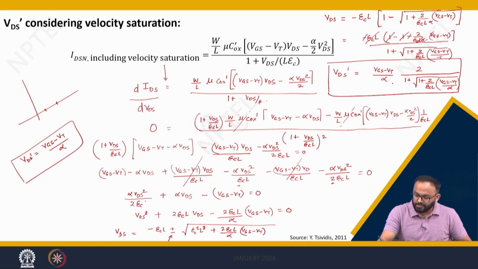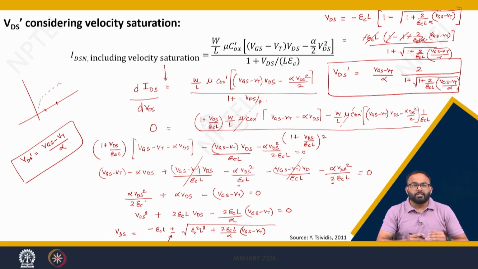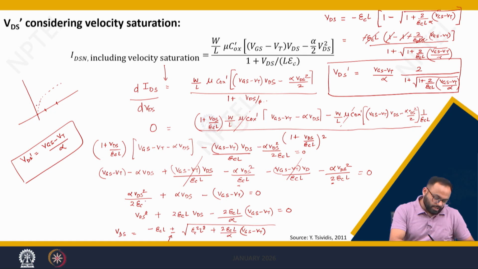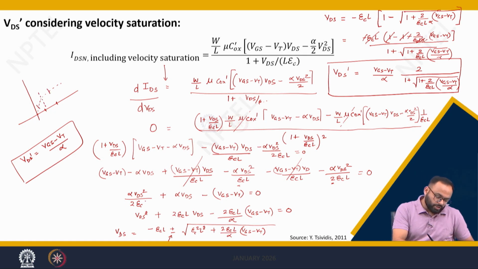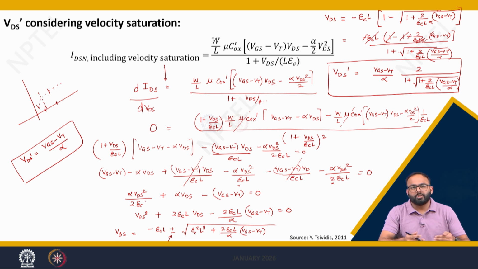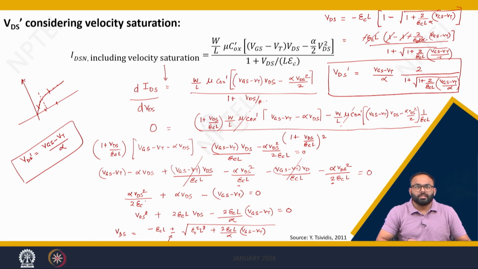However, here we do have some factors which actually give you the lower value of saturation voltage. But strictly speaking, the transition from non-saturation to saturation is not that sharp, what we actually got in long channel devices. The transition from non-saturation to saturation will be smooth, right, when you include the velocity saturation effect. That's what we will see in coming slides.